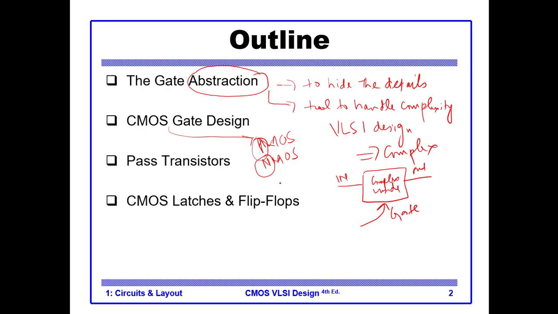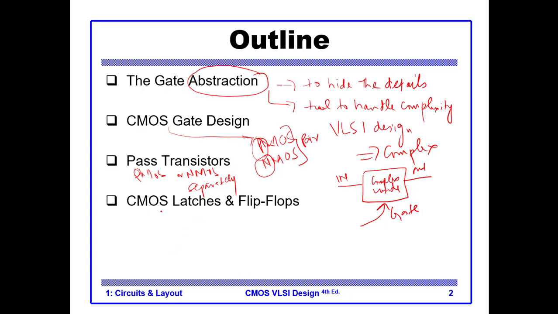The next topic will be about pass transistors, which is when you use PMOS or NMOS separately. CMOS always uses them in pair, and when you use them separately, we call these pass transistors.